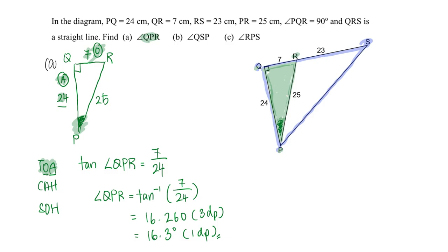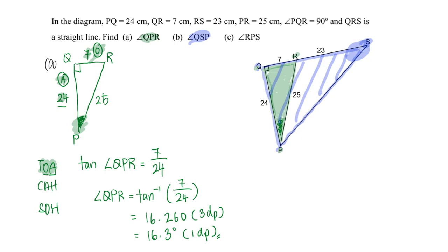Next, we are supposed to find angle QSP, which is here. So in this case, I would focus on my blue color triangle.